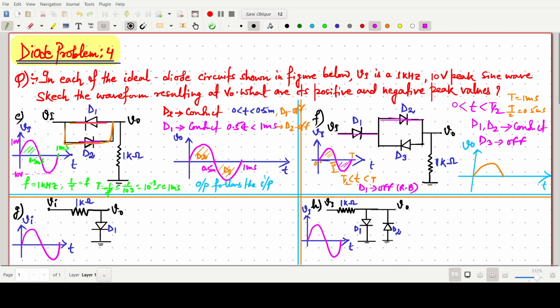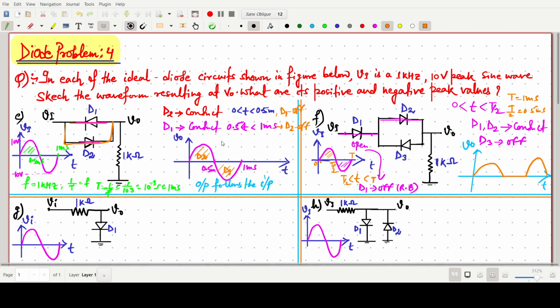So this one is open. Now this will be open, open for this case. So when it is open, it is not a closed path, so nothing will pass, so the output will be 0. For the other half we will again go like this. So this one will be the output waveform.